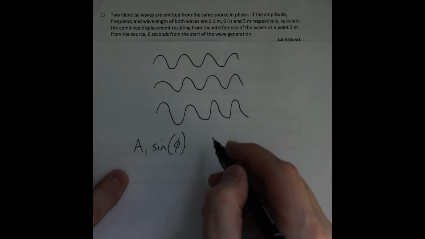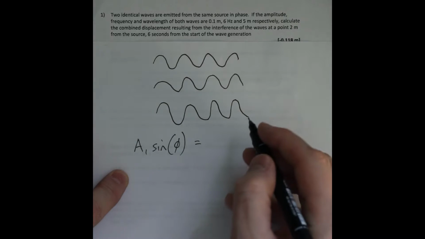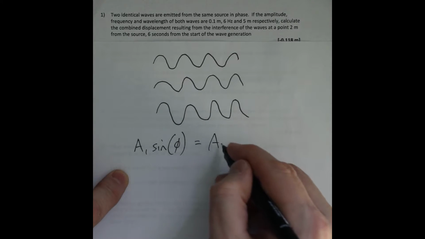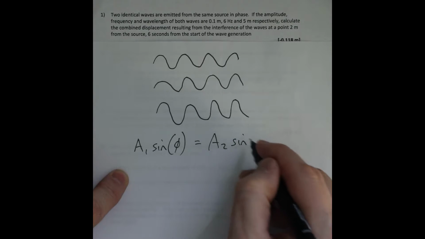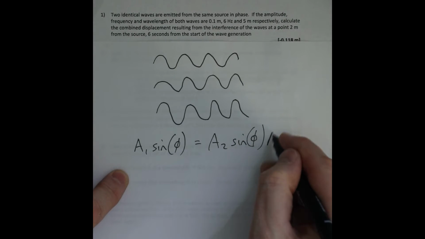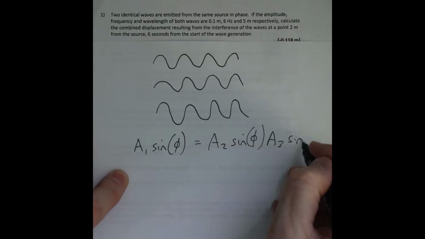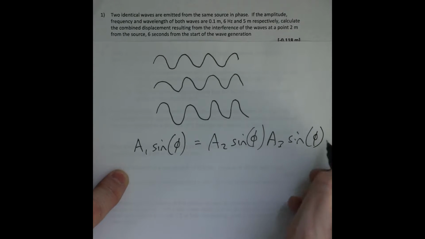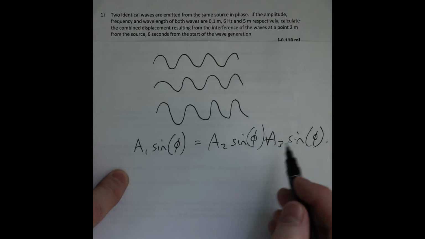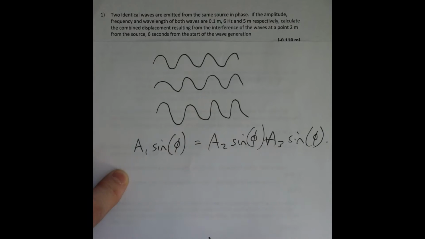Then if that is the resultant of two waves added together, that will be A2 sine phi, and say we're adding A3 sine phi, so another wave there. Then we just add these two together and that gives us a resultant waveform.